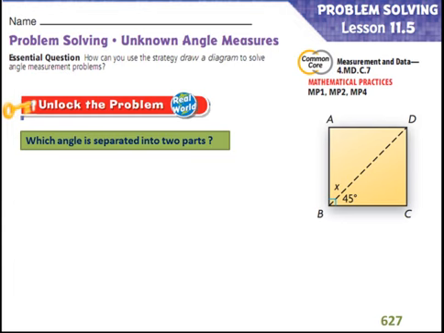Look at the polygon carefully. Exactly, you will answer it's angle P. Angle P is separated into two parts. The first part, as you see in the polygon, measures 45 degrees, and the second part is an unknown measure.